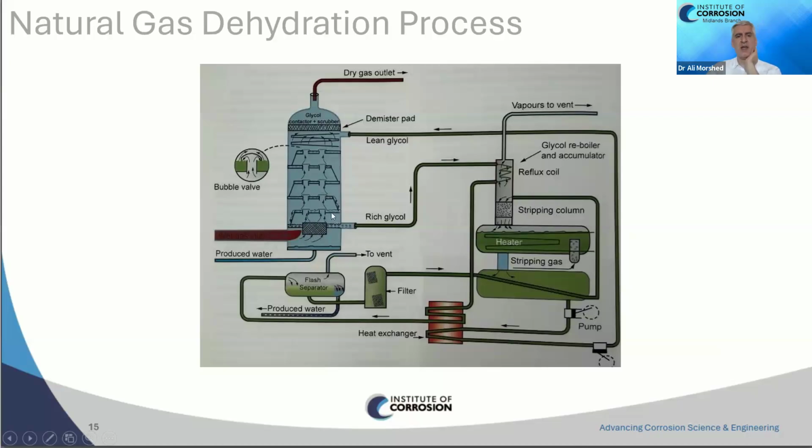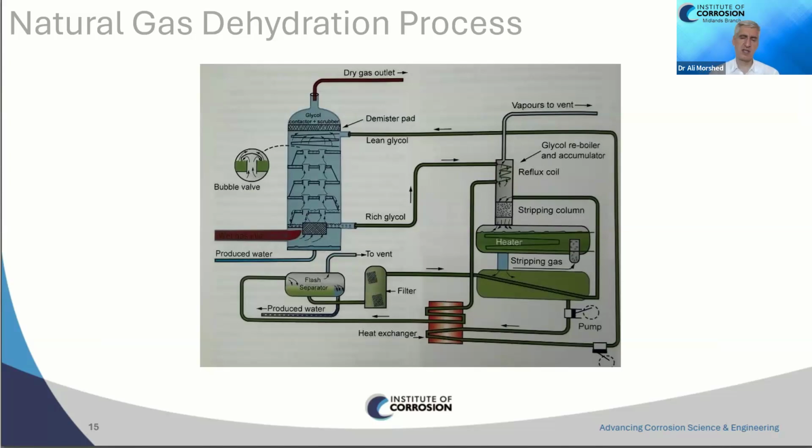As the contact between the gas and the glycol increases, the dehydration takes place, and then the rich glycol is taken to the glycol reboiler and the stripping column for heating, and through the heating the water is removed and lean glycol goes back to the tower.